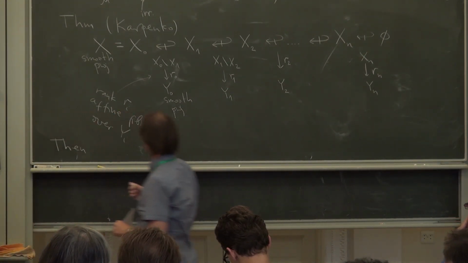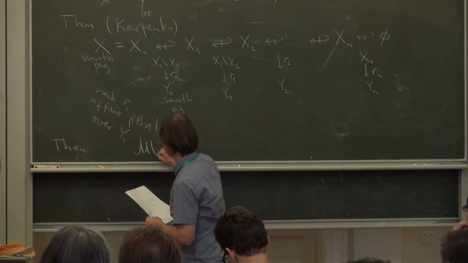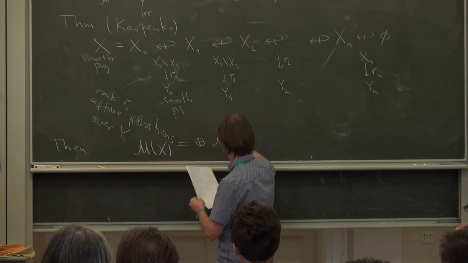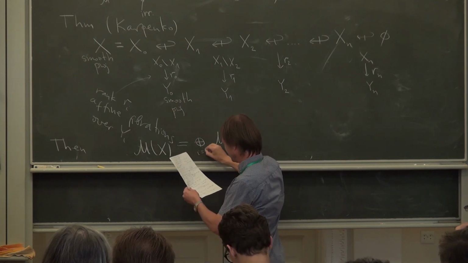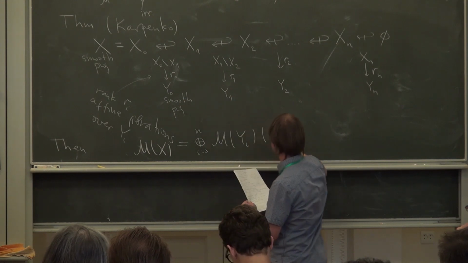there is a concrete formula for the motive of X, which looks as follows. The motive of X is a direct sum of the motives of these bases Yi, from 0 to n, shifted by these ranks Ri.